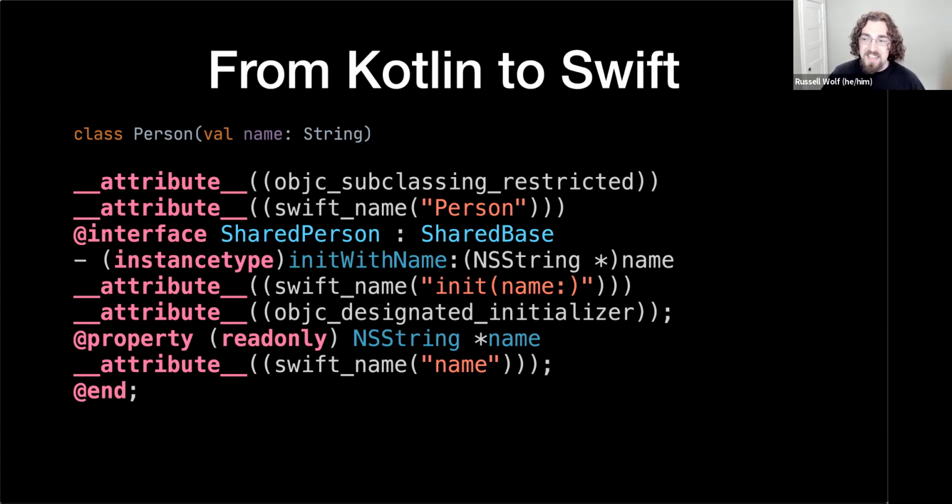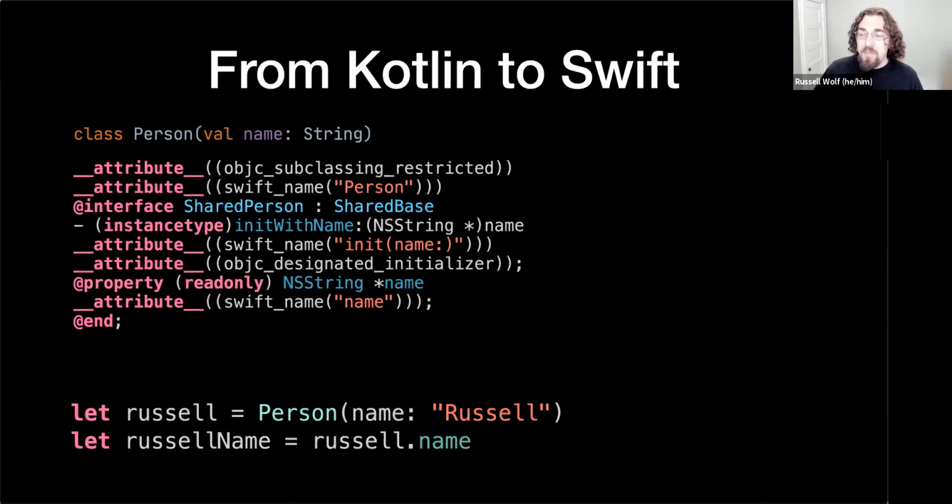It gives it an init with name, which is the constructor of that person class, and it gives it a name property, which is how it reads the name as a property from the Kotlin class. And that then lets you interact with it from Swift. So there's annotations to take shared person in Objective-C to person in Swift. So you can instantiate your person, you can access their name, my name. And it behaves roughly as a Swift developer might expect.